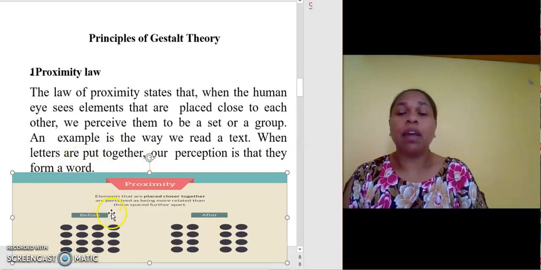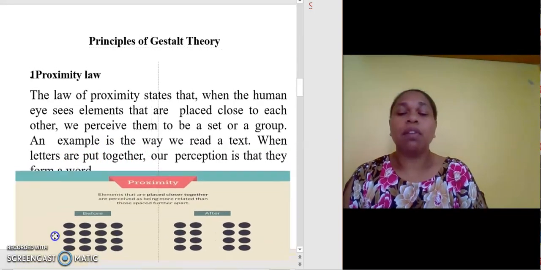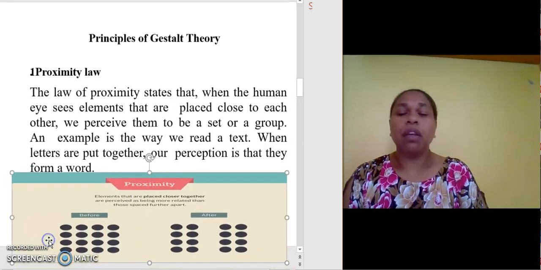Have a look at the diagram below. Our eyes tell us that there are three groups. Here, when our eye sees things that are grouped together, it tells us that they are in a group, or they can be seen as one group and not separated. Hence, the diagram on the left-hand side tells us that there is one group.